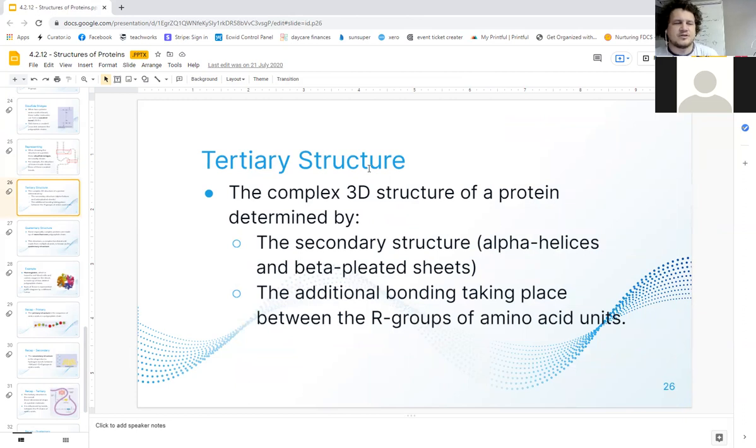We think of tertiary structure. Primary is primary school, secondary is secondary school, tertiary is like university. So it's the 3rd structure, the 3D structure of the protein.